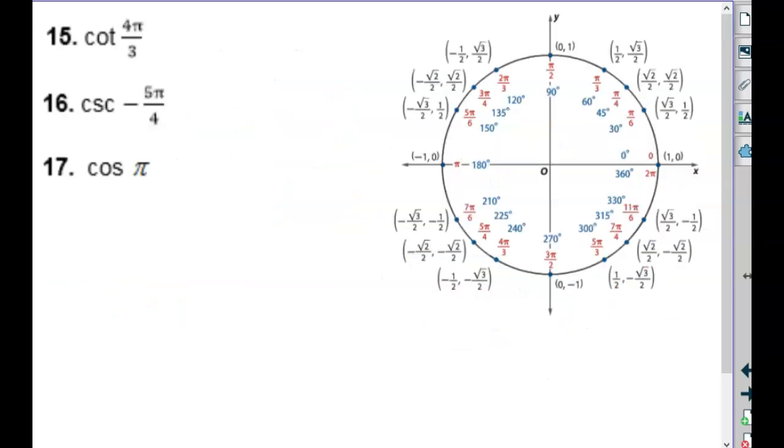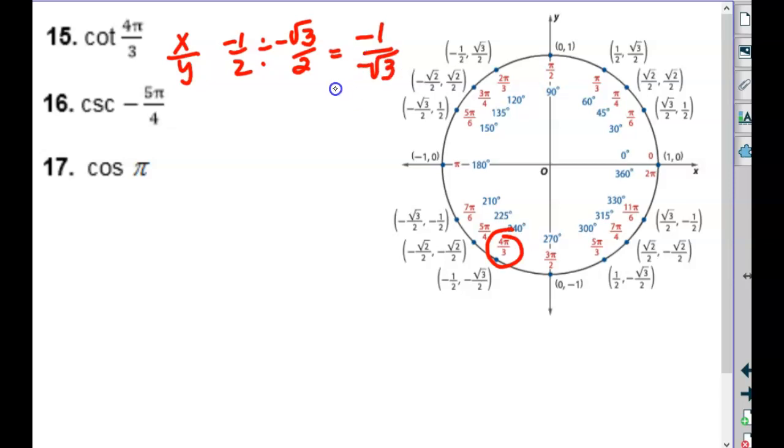Number 15, I'm a new unit circle for us to look at here. 4 pi over 3 is right down here. So there's our ordered pair. Cotangent, well, tangent is y over x, so cotangent is x over y. Do I need to put negative 1/2 divided by negative square root of 3 over 2? What did you learn a minute ago? It's going to end up with just this, right?